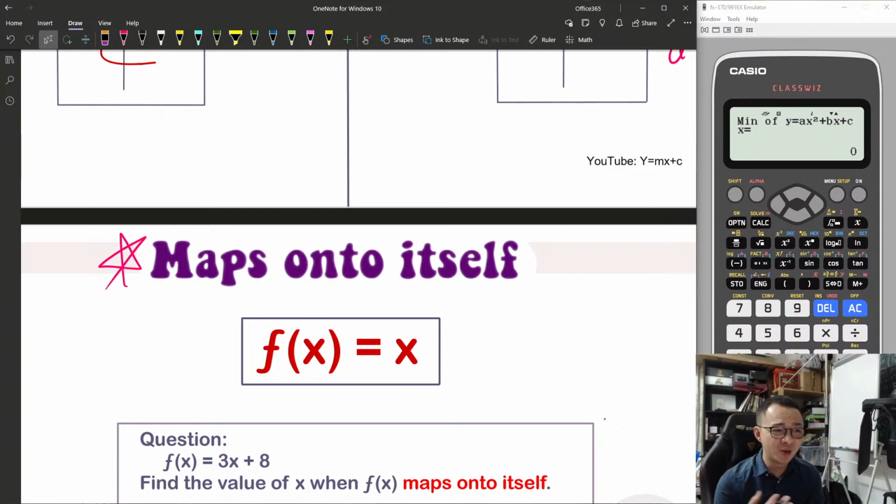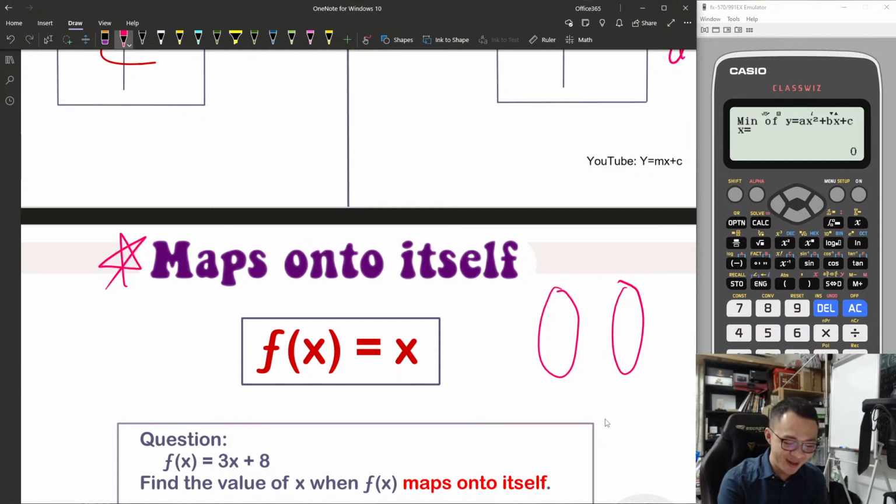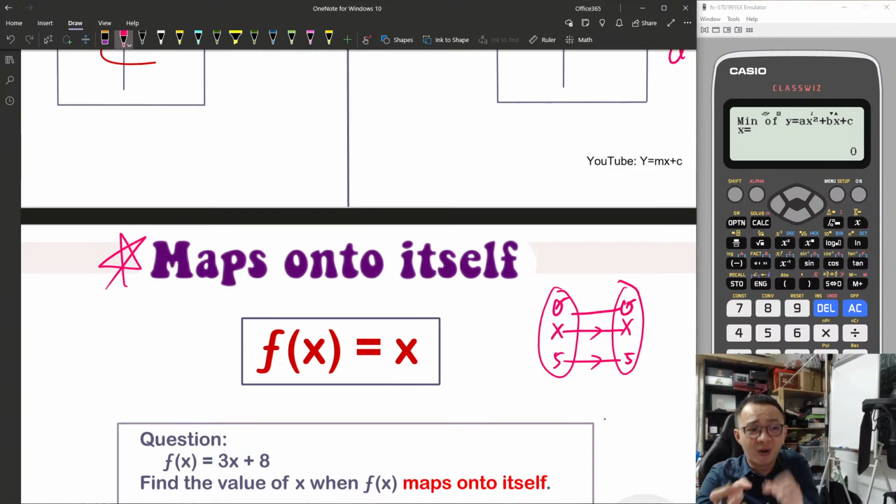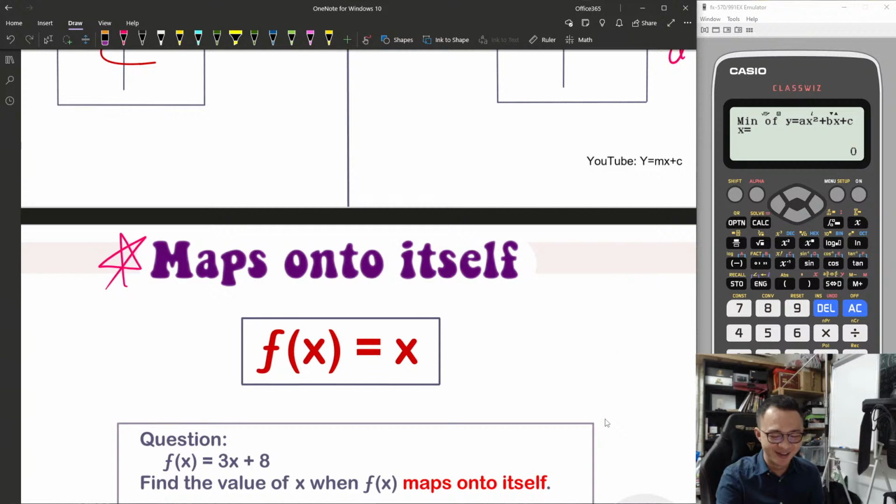So map onto itself basically means what? In the graph world, it means x will map into x, or 5 will map into 5, or apple will map to the apple. So that means it's going to map onto itself, but only one of it. Here I actually show 3 examples, which is not so good.